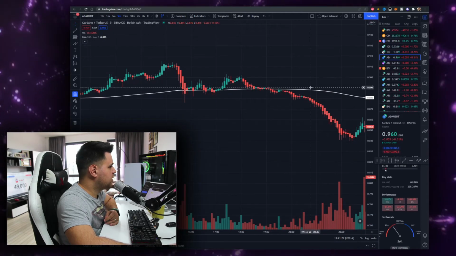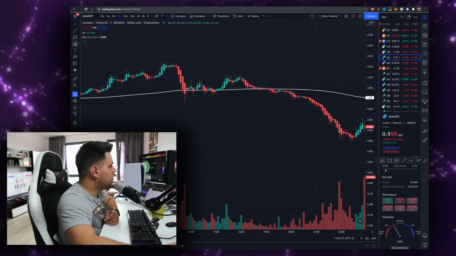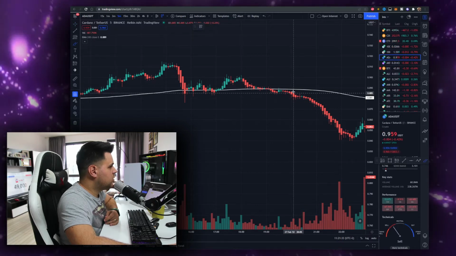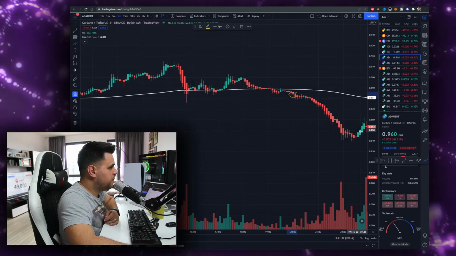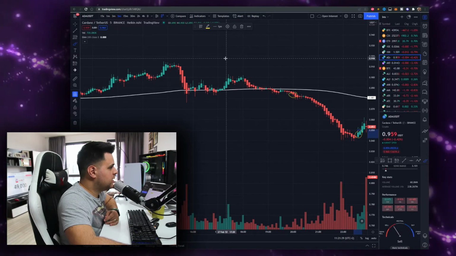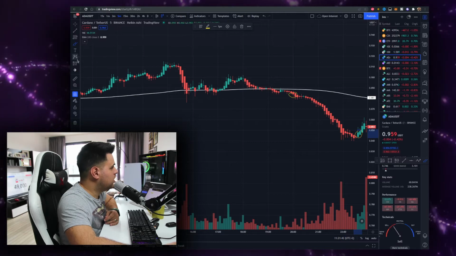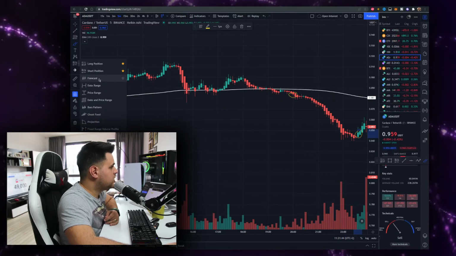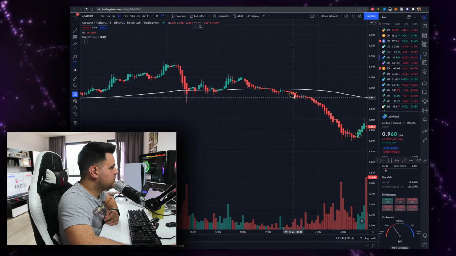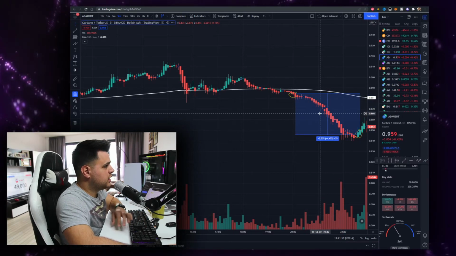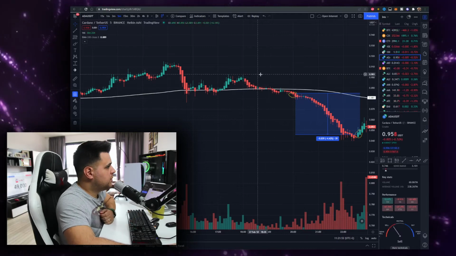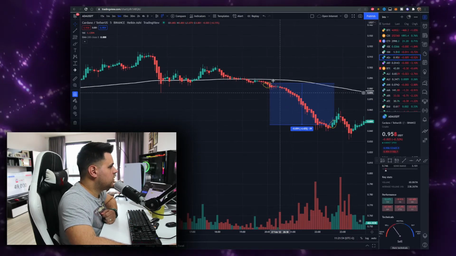For example, here is a good example of how you can trade this. You would short right here because this is the first candle. And you can take profit right here. And that's actually a really good profit target. If we measure that price range from here to here, chances are you make 4%. Stop losses can be at the swing low or just below the candle.